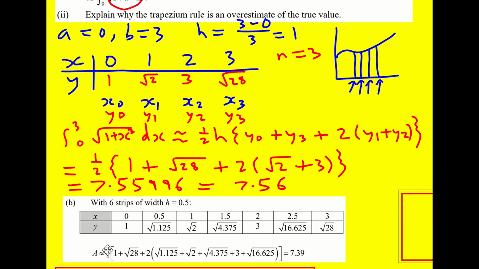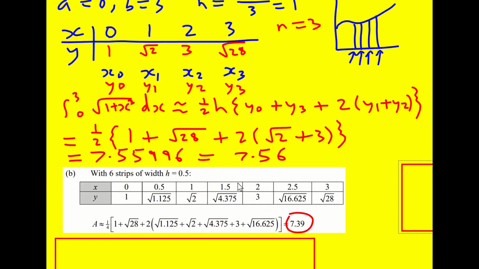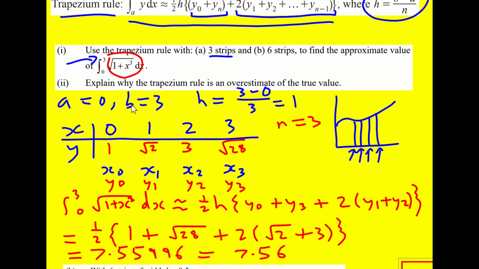So we got y0 plus y6, and then y1, y2, y3, y4, y5, and we get 7.39. So if you can do that example yourself, you can do the trapezium rule in general. Well done. The last little question was explain why the trapezium rule is an overestimate of the true value.